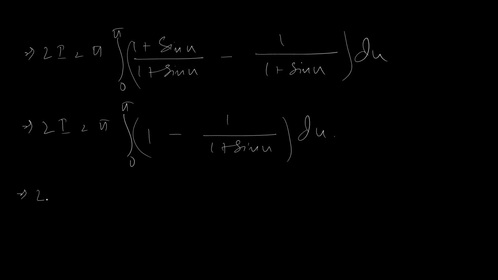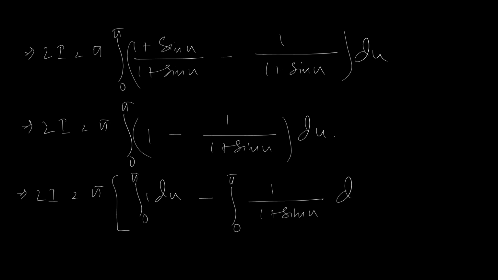Again splitting the integral, twice I is pi times [the integral from 0 to pi of 1 dx minus the integral from 0 to pi of 1 by 1 plus sin x dx].